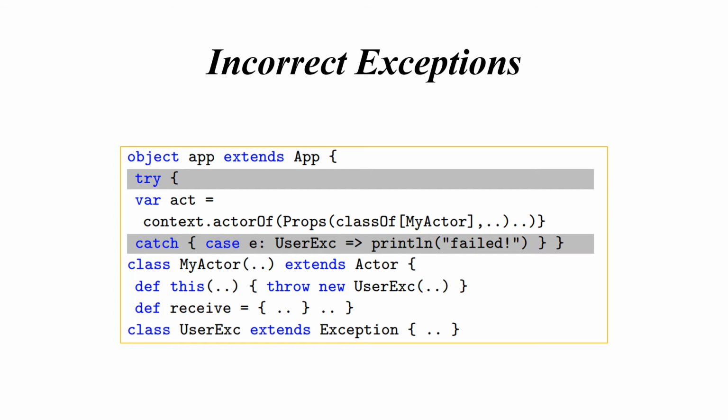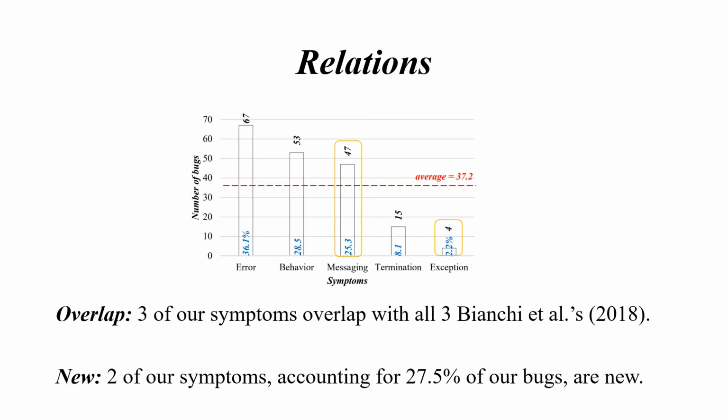its exception. We show the relation of our symptoms with the findings of the previous work. An example relation is that 3 of our symptoms overlap with all of Bianchi et al.'s symptoms. Bianchi et al. surveyed the existing actor testing tools and classified 3 symptoms that these tools use to identify buggy executions.